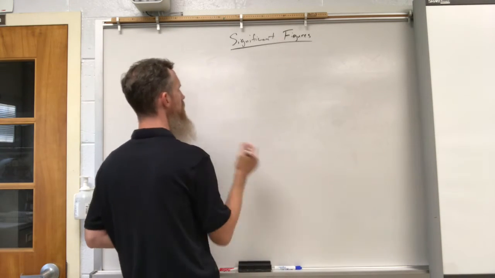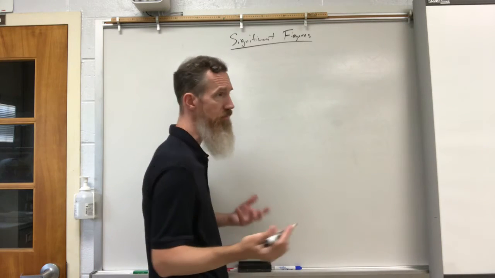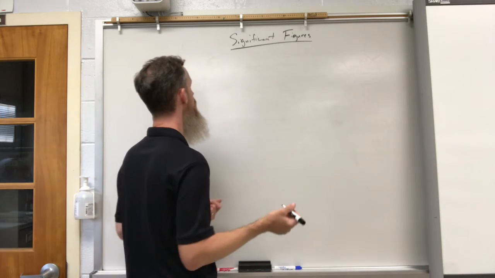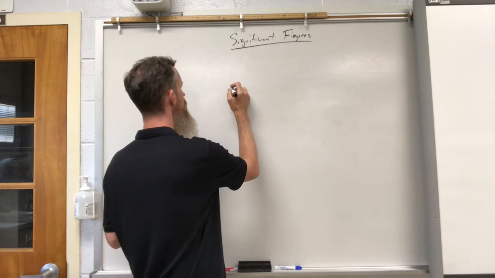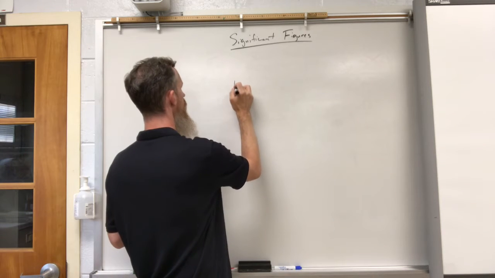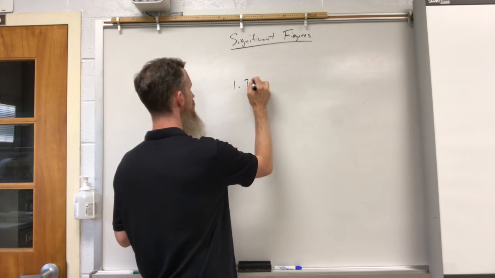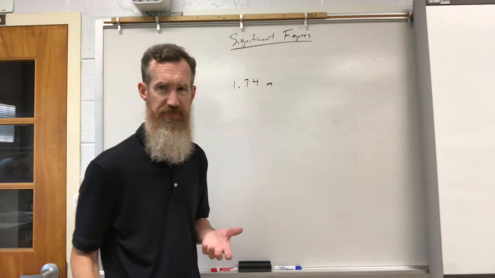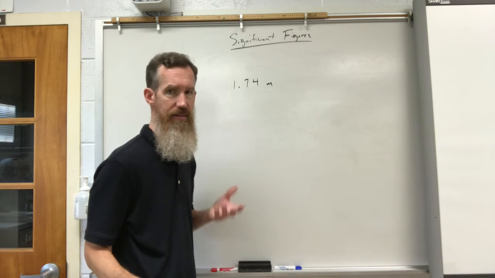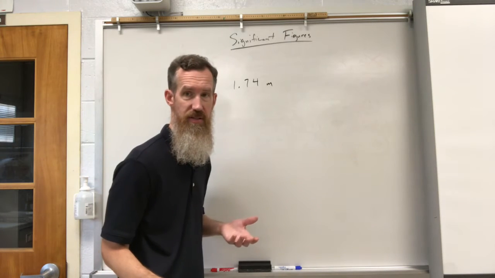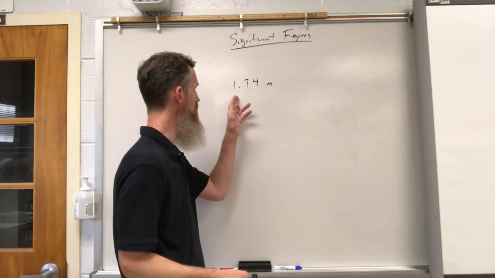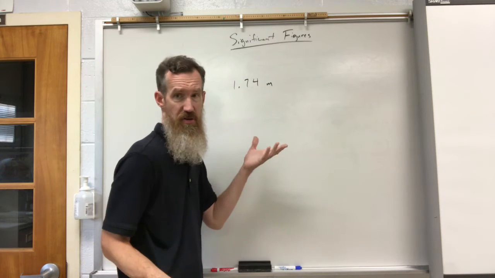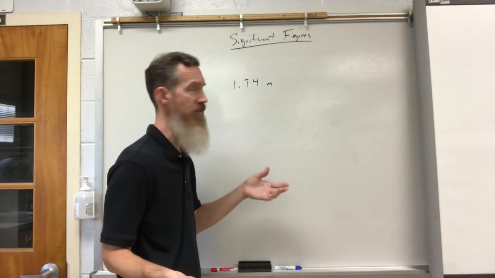For instance, you could be told that something is 1.74 meters long. You're going to be asked, well, how many significant figures is this? Well, there's 3 digits. You're to assume three significant figures.